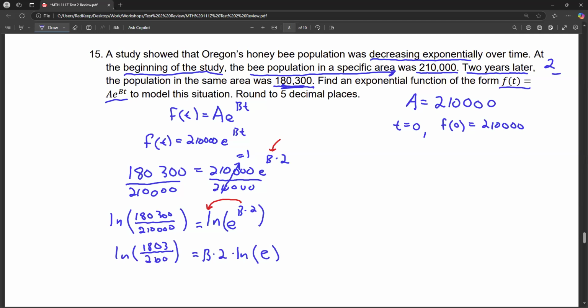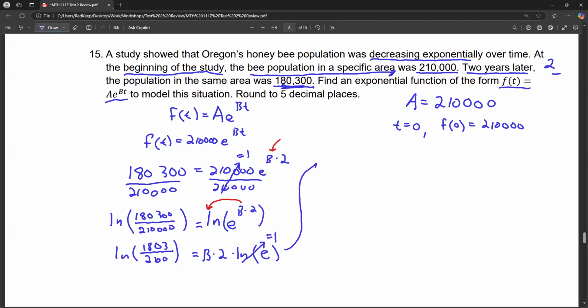Hopefully I didn't mess this up. We remember that the natural log of e is just the log base e of e, and the log base b of b is always equal to 1, which is why we chose the natural log when we were dealing with e.